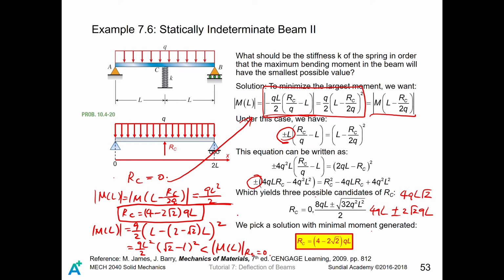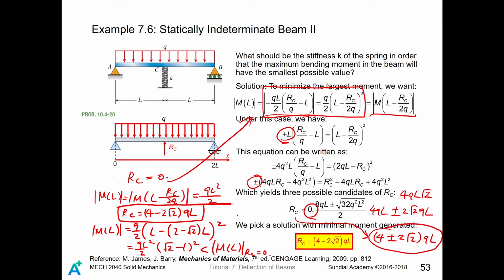So here there are two solutions, which is 4 plus minus 2 square root 2 QL. Okay.